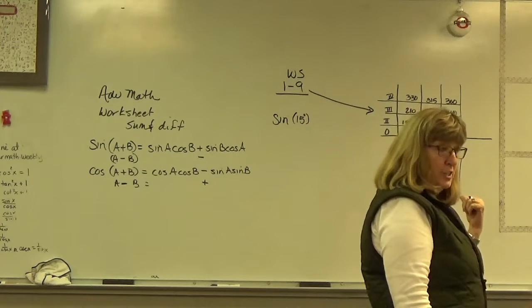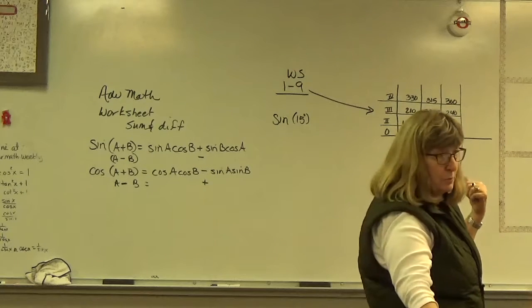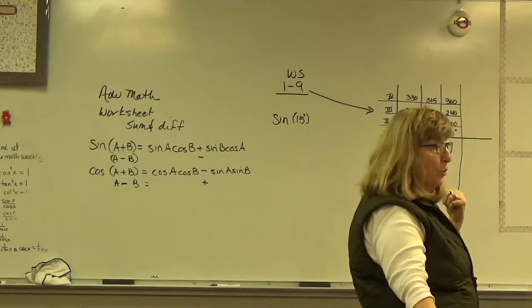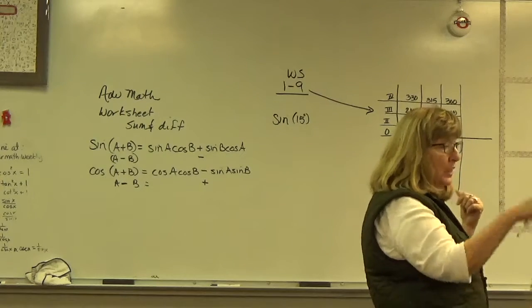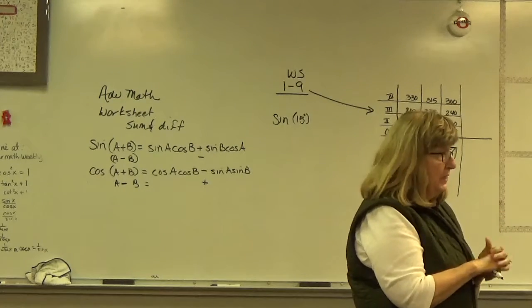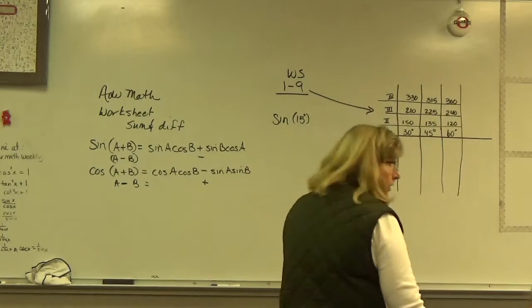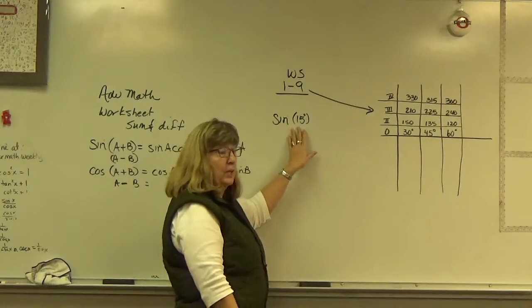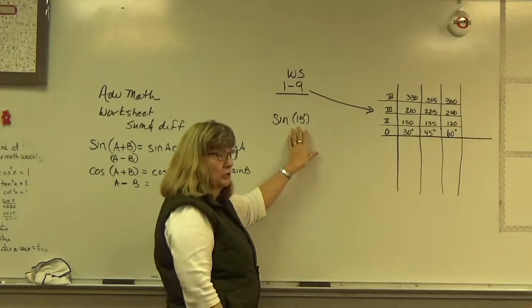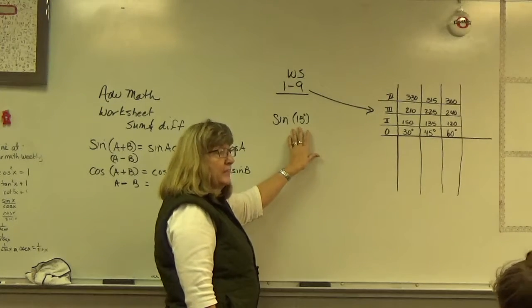There's a difference between the decimal you get on here, which is going to keep on going forever and ever, but exact stays and you can keep it all the way through and you make less mistakes, less chance of error if you use exact trig. So I know you can find the sine of 15 on your calculator and we're going to compare it to our answer here in just a minute. But we're going to find it exactly.